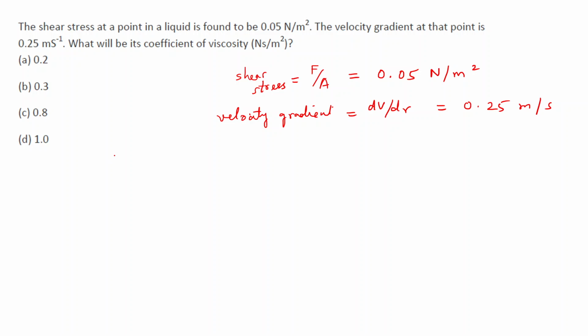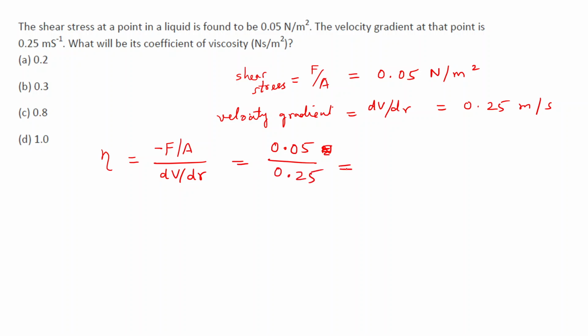So we know the formula, that the coefficient of viscosity, eta, is given by the minus sign. We don't need it for calculating the magnitude, it's fine. Otherwise, just to write, it's given by this formula, right? Shear stress, which is force per unit area, divided by dv by dr. So the shear stress is 0.05 Newton, and dv by dr is 0.25.